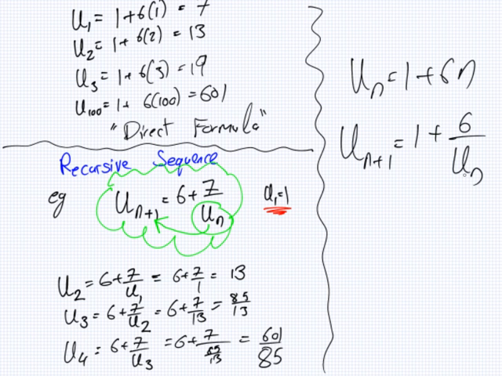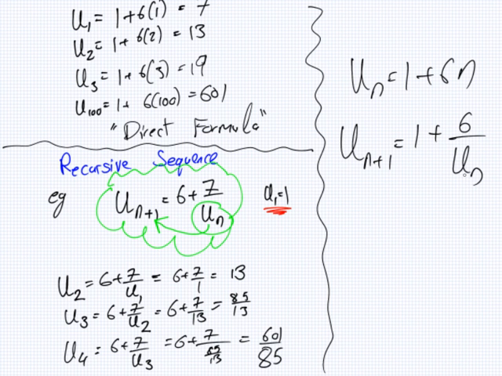Well, can you tell me what the 100th term is in the first formula? Yeah, it's 601. Can you tell me what is the 100th term in the second one? Eventually, yes, after a while. You can only tell me what the 100th term is if you know what the 99th term is.